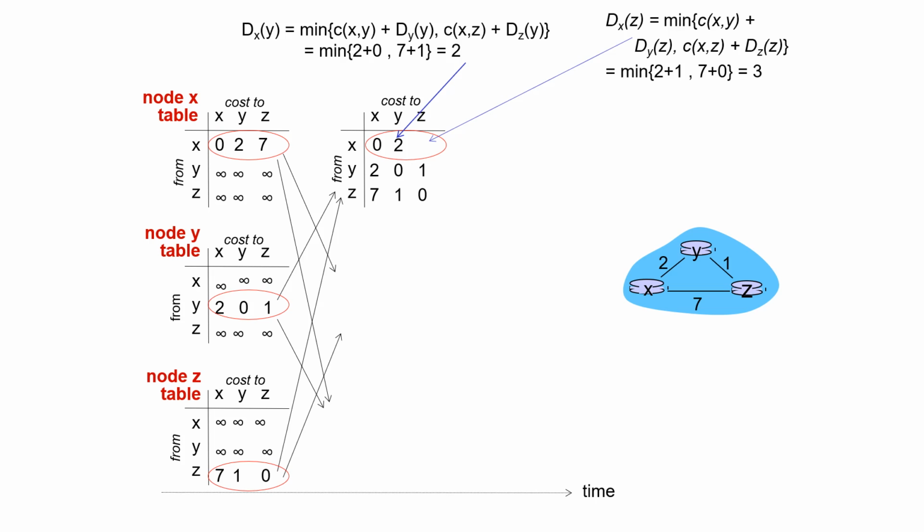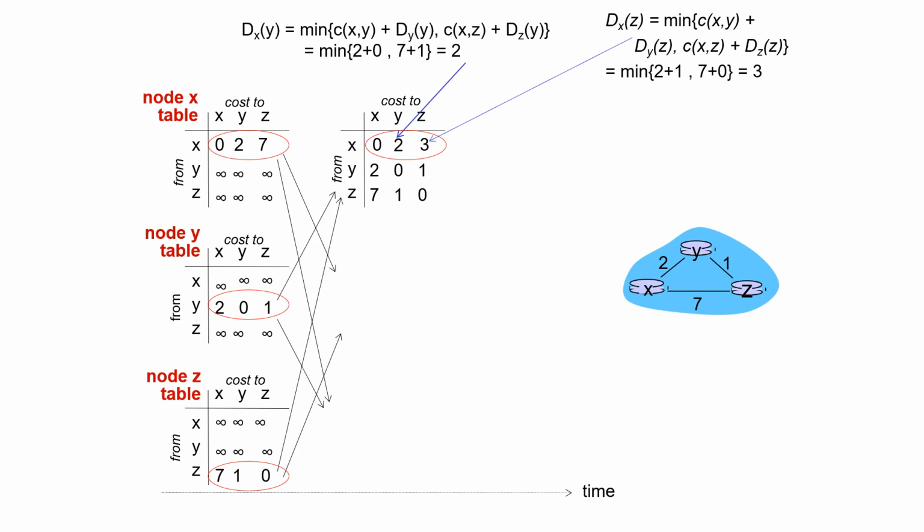In this fashion, every other node is updated. So how is this 3 updated here? From X to Z we have X to Y, Y to Z. Then another path is X to Z, Z to Z. So X to Y cost is 2 and Y to Z is 1. 2 plus 1.